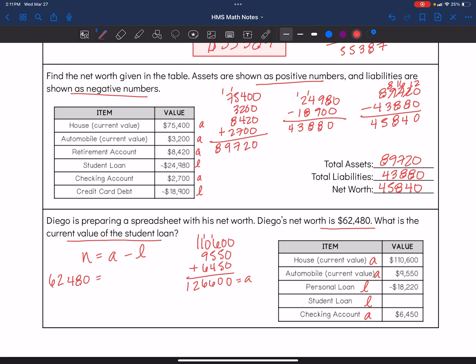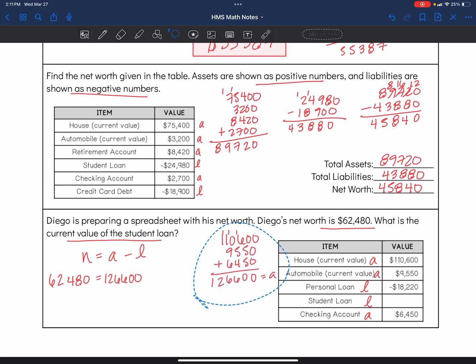My assets is 126,600. And then I'm subtracting the one liability that I do know, 18,220, and then the liability I don't know. So that's the L. Since I do know how to subtract that, I'm going to subtract it.